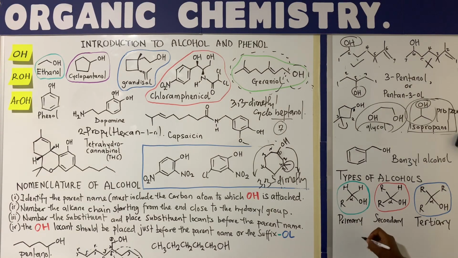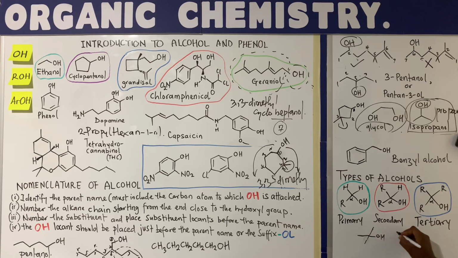Like if you have something like this. So this is a methyl group, and you have the OH group. So this is a tertiary alcohol because there is a carbon atom here, and to this carbon atom, you have another carbon atom, another carbon atom, another carbon atom.